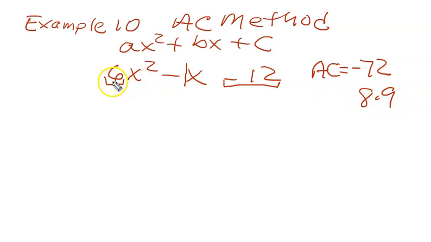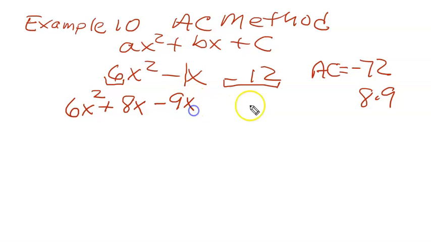So I'm going to rewrite this into a 4-termed expression. And it's going to be 6x squared. That part stays the same. But I'm going to take my 8 that I said was positive, 8x. Now I'm going to write my 9, which I said was negative, 9x.